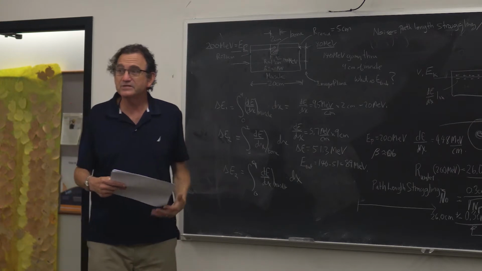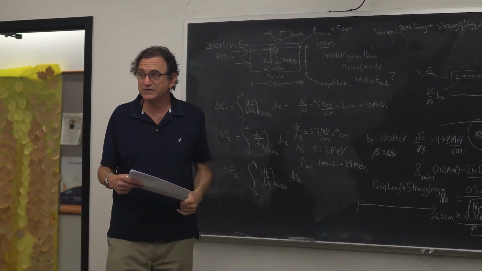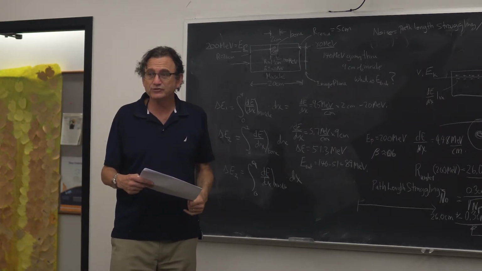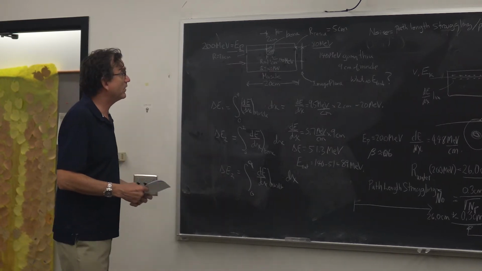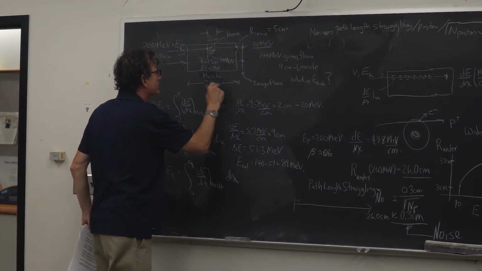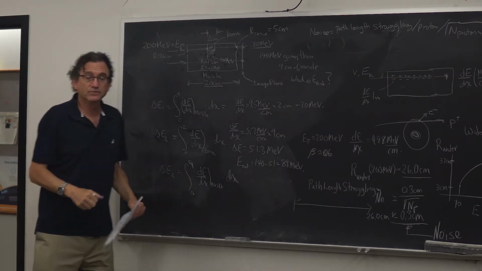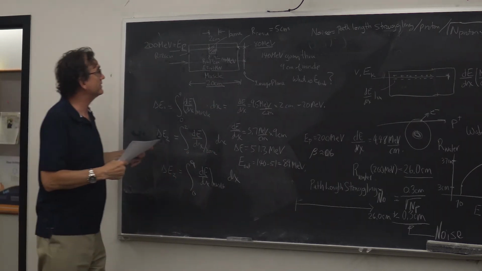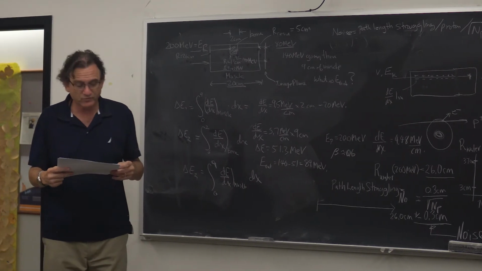Now the second part should be relatively easy. The second part is: what's the energy after going through 20 centimeters of muscle? Well, it's got 26 to start with, therefore it has 6 cm of range.